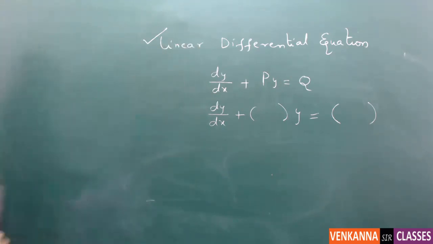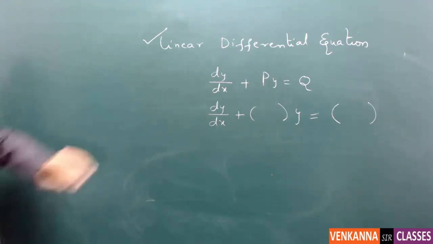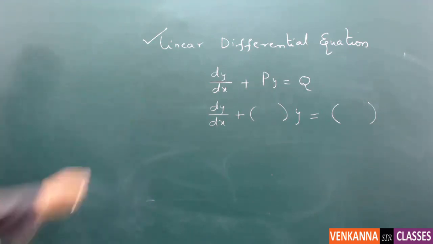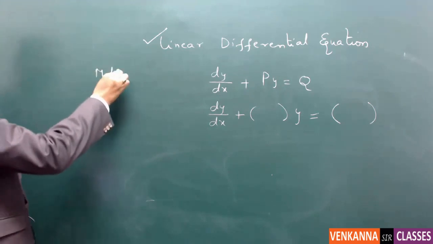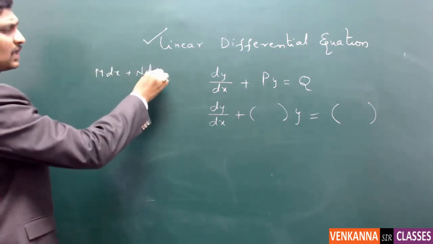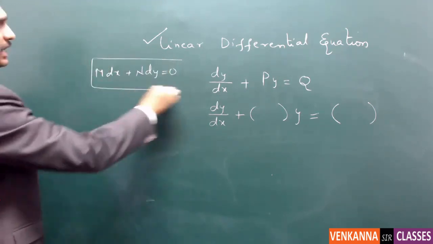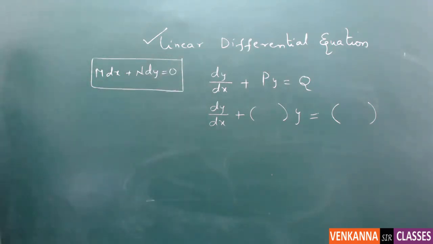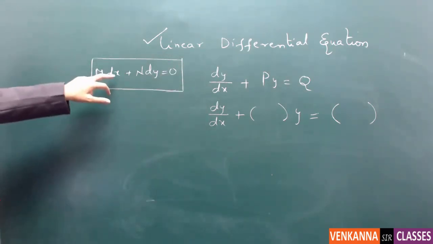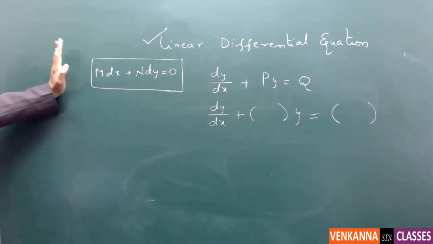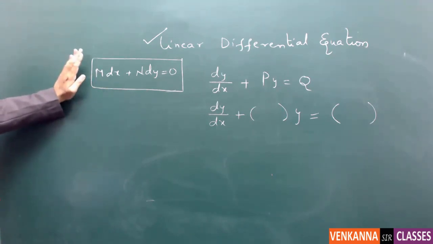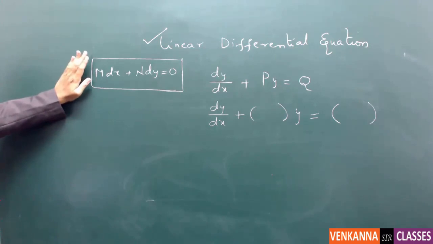By simply doing the cross multiplication, you can arrange this equation in the form m dx plus n dy equal to 0, and it is a non-exact differential equation. So if you want to solve the equation, we are going to find the integrating factor.